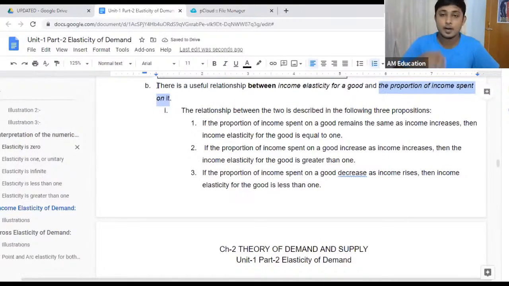If my salary is 10,000 rupees and I am spending 5,000 rupees on my fuel charges every month, how much is the proportion of income that I spent on fuel?